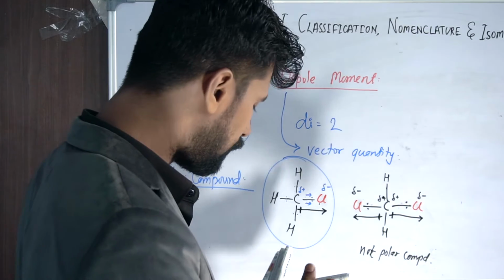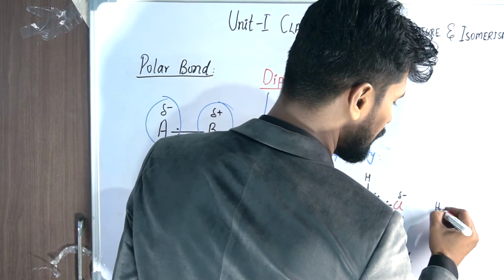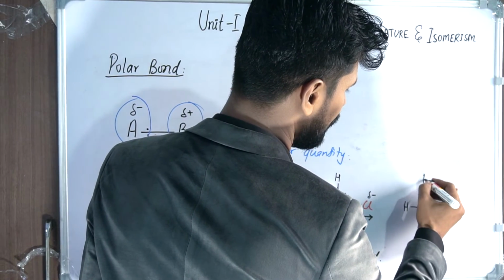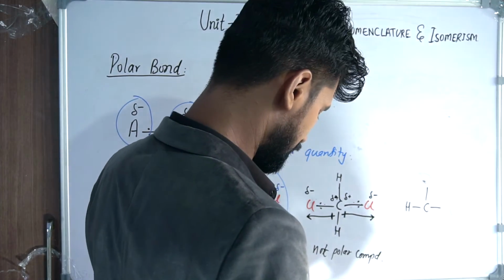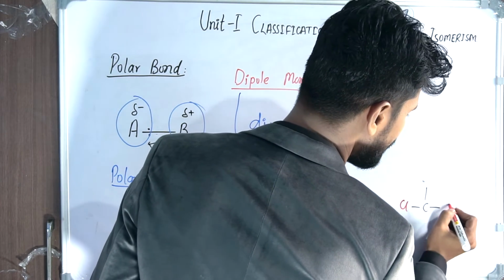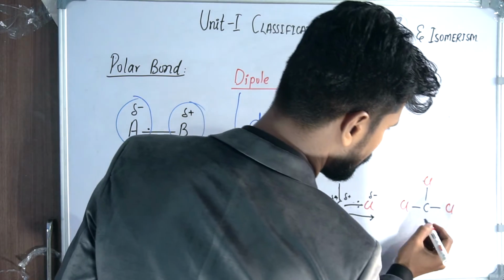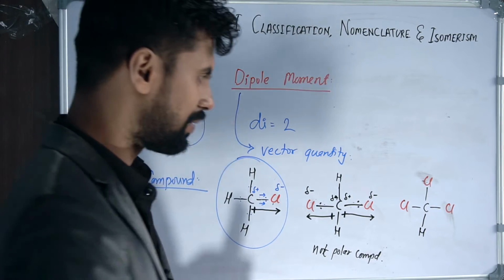Understood? I will give one more example. Suppose H, C, H, H. Okay, I will not draw it like that, I will just simply tell you like this one: Cl, Cl, Cl and here is H. Is this a polar compound or not? You just think about this, okay?